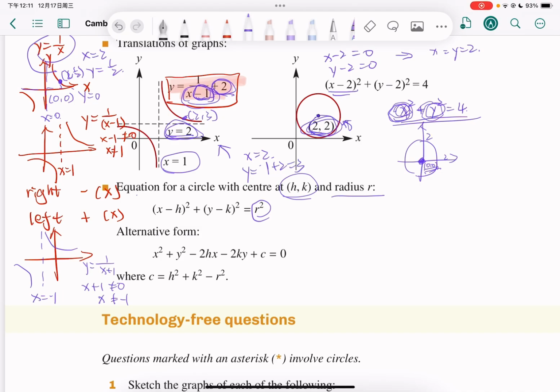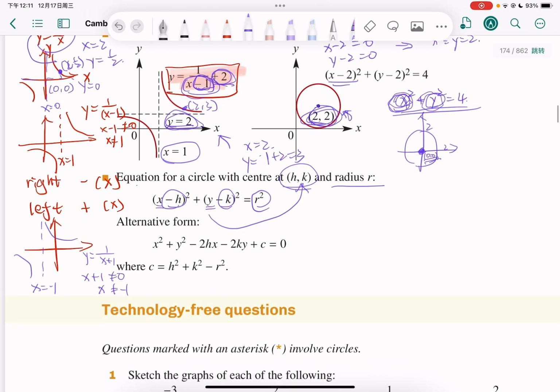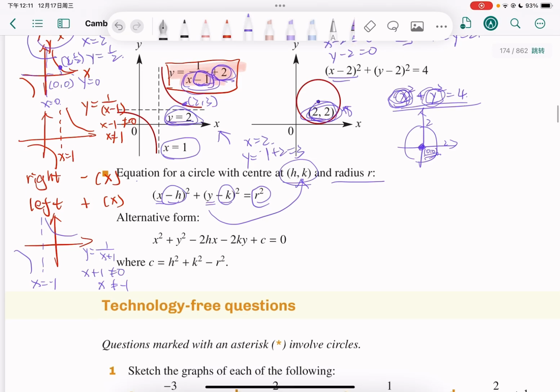So what we minus to the x and what we minus to the y, that makes our center h, k. Or this alternative form, which you just expand everything under the square, and it becomes something like this. And the c is this part, so other constants without x and y.